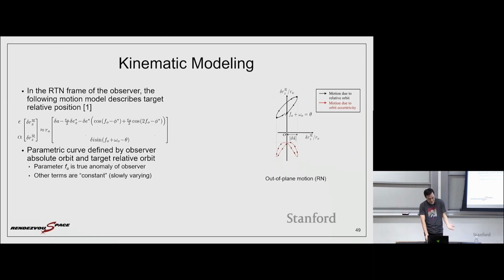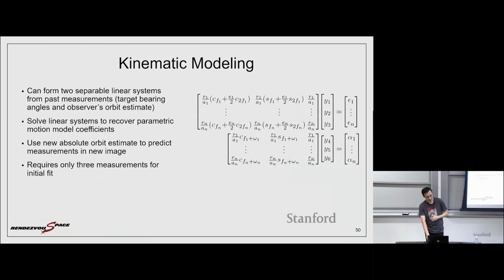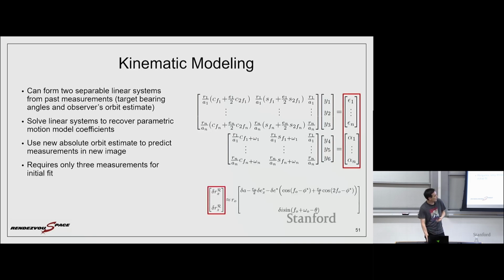Now, there are some neat things we can do with this, in the sense that we can actually form linear systems from this mapping, where, let's say, we have a track that we have a hypothesis about. We can separate this linear map into components in azimuth and components in elevation, where on the right-hand side of these systems, we have the measurements in our track hypothesis, so just the list of bearing angles in our track.